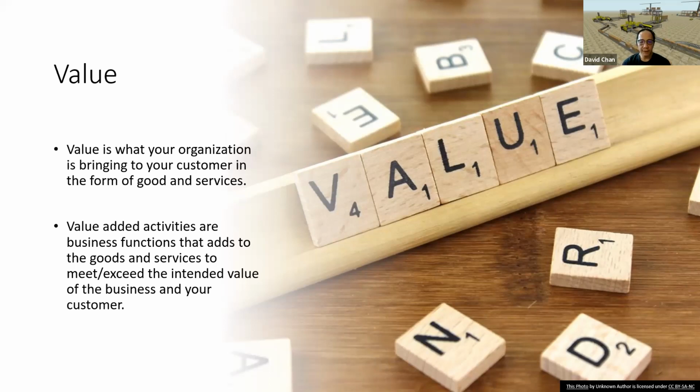And if that particular mobile phone does not have this particular value, that mobile phone is of no use to you. So during the manufacturing process, during the value-adding process, we are adding business functions or engineering features to the goods and services such that they will be able to meet the intended value of the customer or the business.